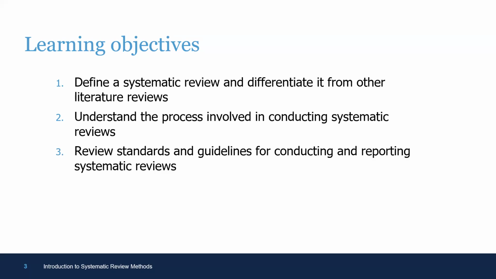We also took some time to quickly think through the review standards and guidelines for conducting and reporting these reviews. And we did not go far. Therefore, today I want to spend much of my time really diving into these reviews.